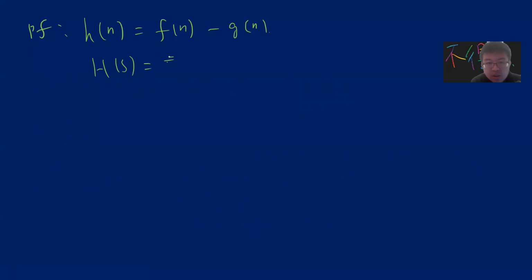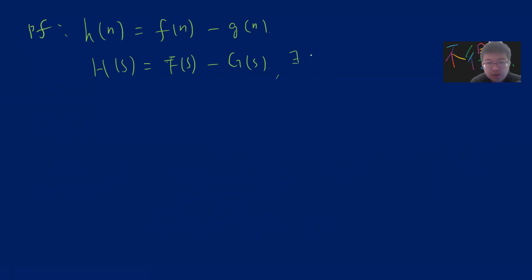Let me just give the proof. I think this proof is not difficult. So let's consider h(n) equals f(n) minus g(n), and h(s) will be f(s) minus g(s).